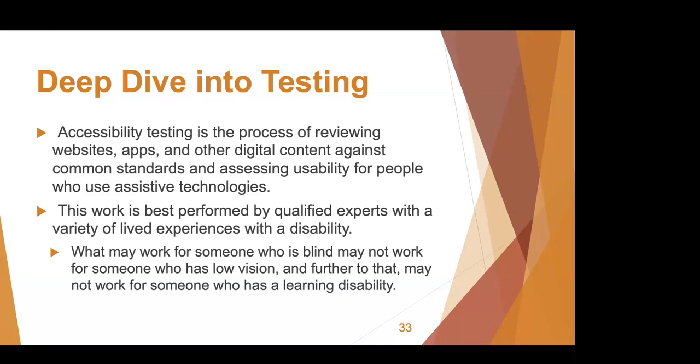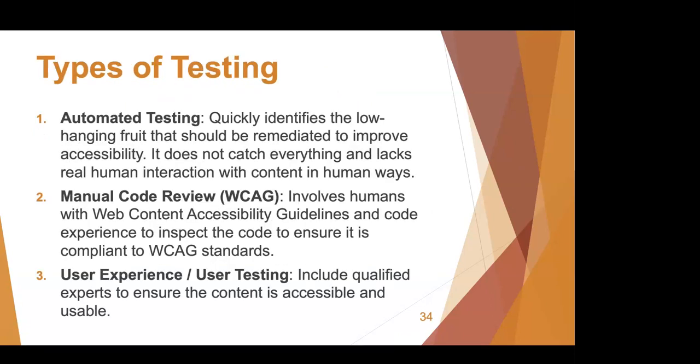So there are different types of accessibility testing. Automated testing is usually using developer tools and browser add-ons and automatic tools so that they can assess the usability of websites. This doesn't really involve a human component. It's an add-on that will detect the low-hanging fruit. So for instance, it will detect buttons that don't have labels, images that don't have proper descriptions, and unlabeled form fields. Basically, it will detect some of the things that we've identified here, but it misses a lot of things.